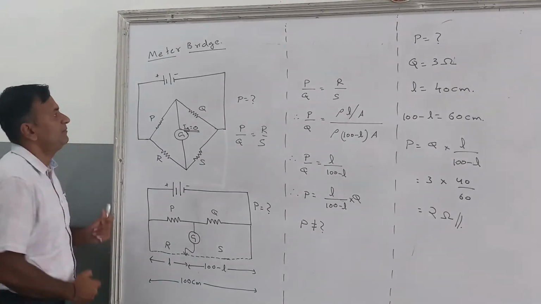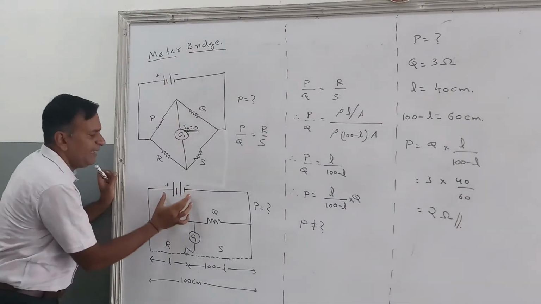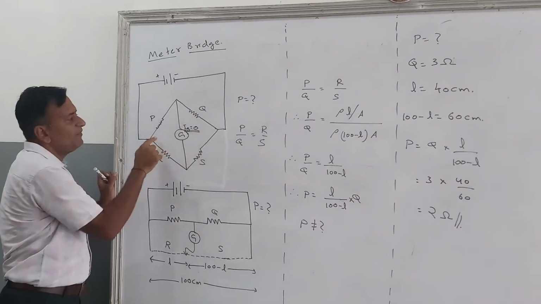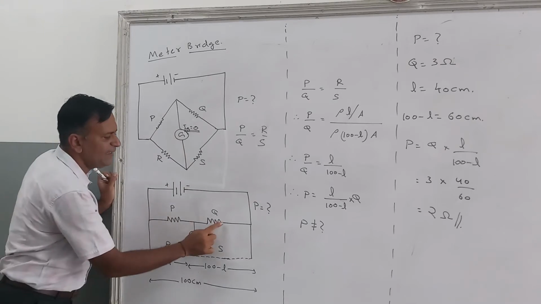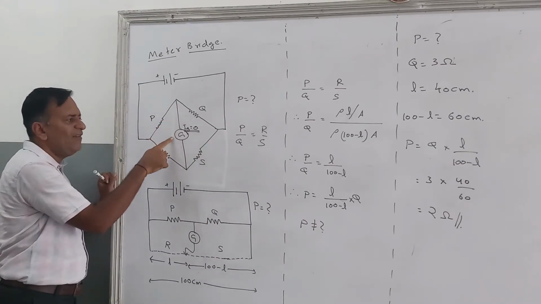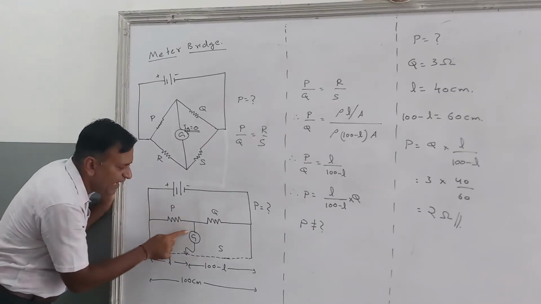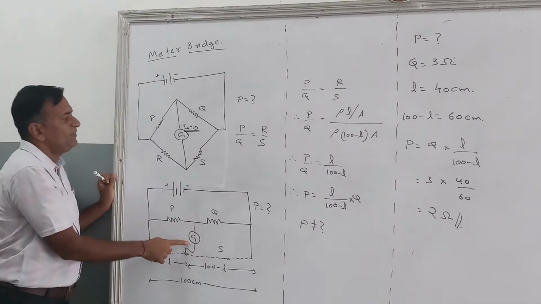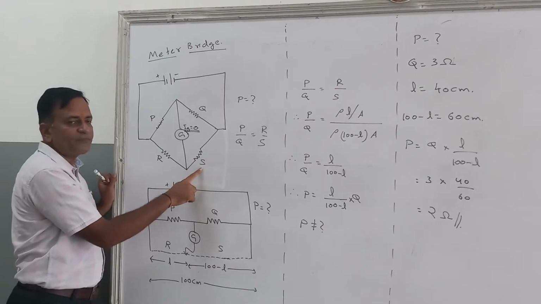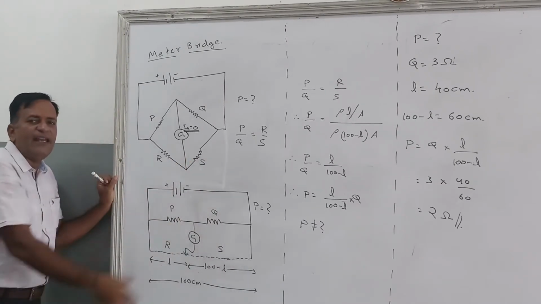See what is happening. The cell is at its place. P and Q are in series, like this. What goes from the middle of P and Q? The galvanometer. So this is the galvanometer. The below two resistances R and S, they are not there.